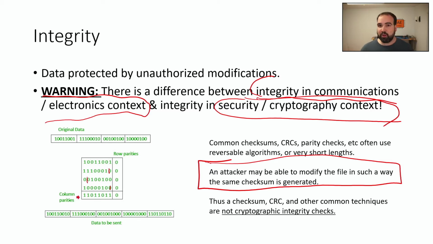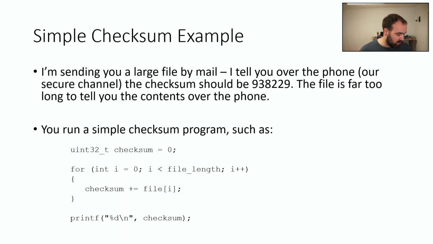A common problem is people using checksums or CRCs or things that are designed to protect against random data and using them in a situation where an adversary can change the data, where you have someone that's actually programmatically trying to change your data, not random corruption. So you have to make sure the algorithm is designed for what you need.